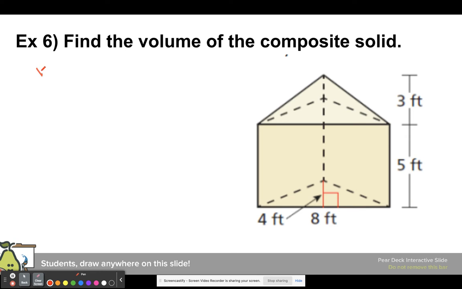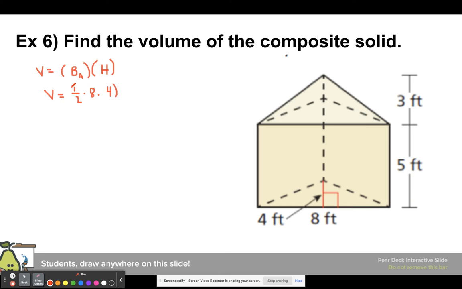Remember, when we're talking about a prism, you find the area of the base, which I'm just going to show as B subscript A, times the height of the complete solid. Here, my base shape is a triangle. For the area of the triangle, that's 1/2 times my base length, in this case 8 feet, times my height, which is 4 feet.